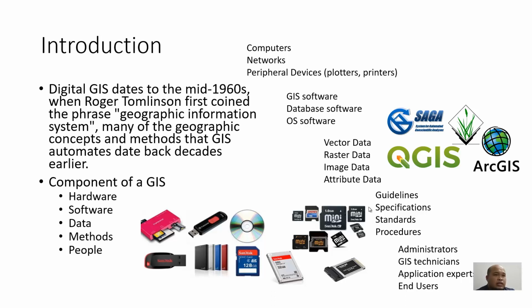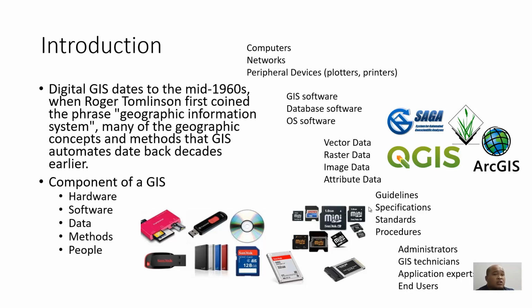Let's say when we talk about roads, roads actually bring a lot of attribute data, like the speed limit of that particular road segment, the width of the road, the type, the material of the road.